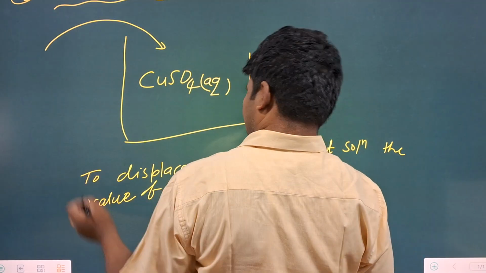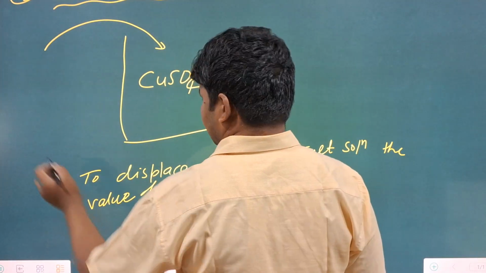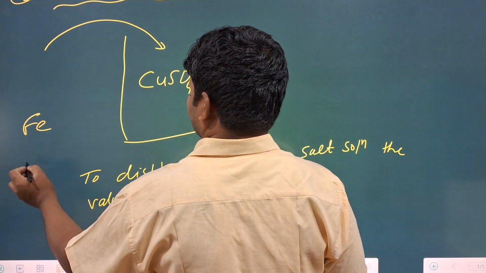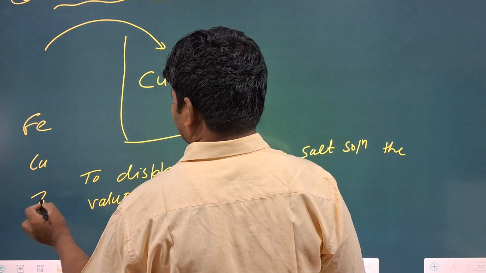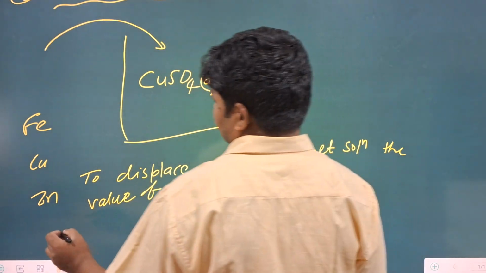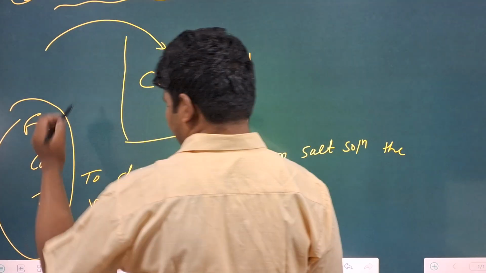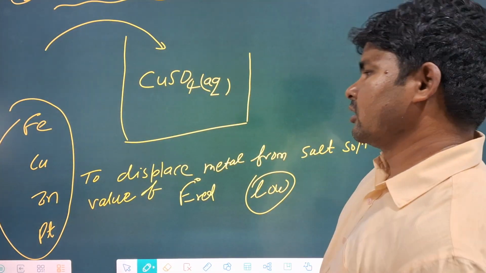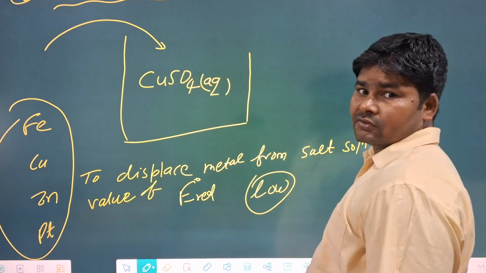For example, if iron, copper, zinc and platinum are taken, the question arises which metal is able to displace copper from copper sulfate solution.